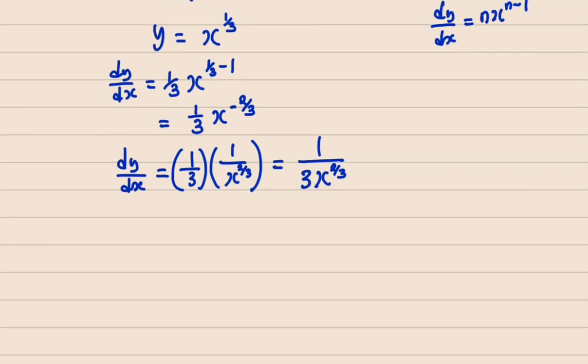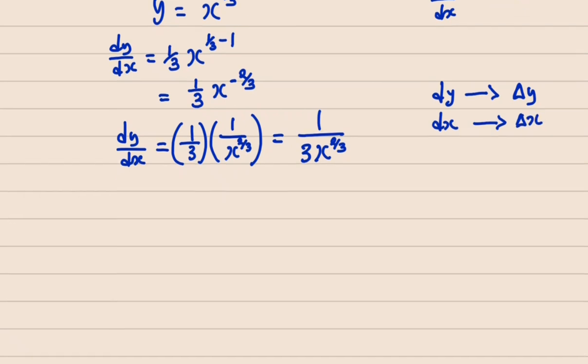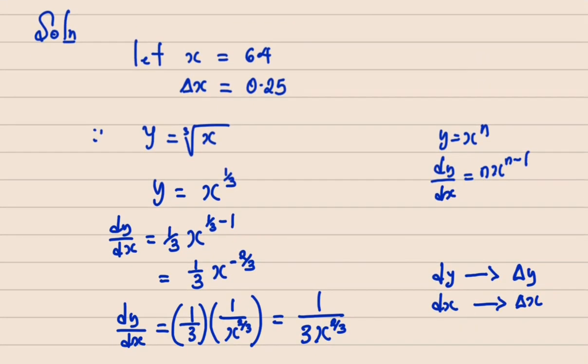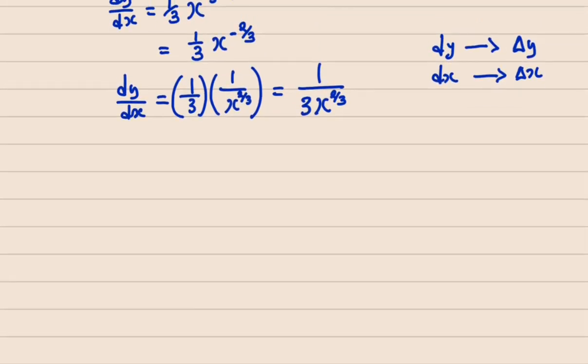Now recall that dy is by implication delta y, and dx is by implication delta x. So therefore, since we know delta x, it has been given to us already as 0.25, let's find our delta y.